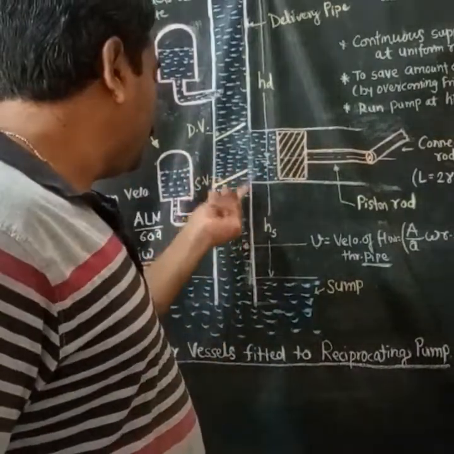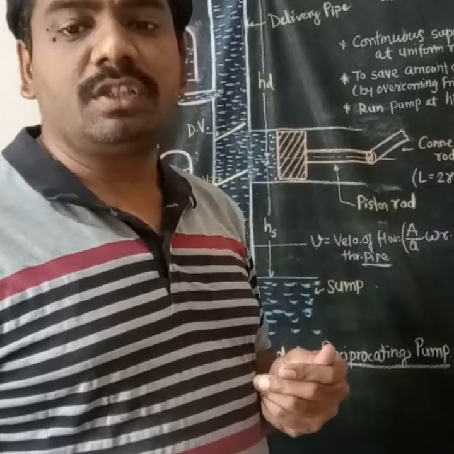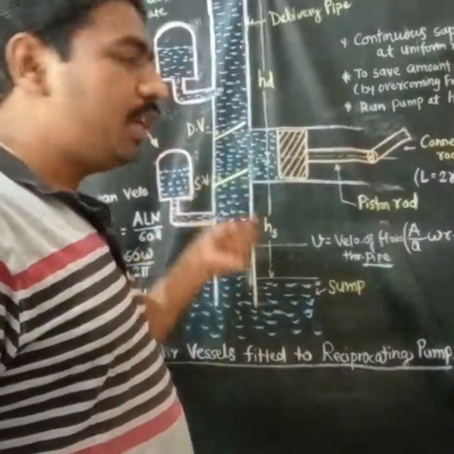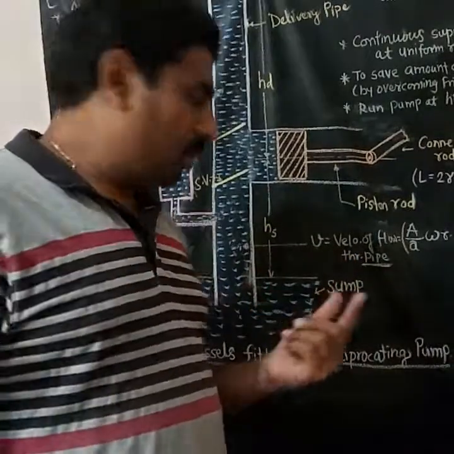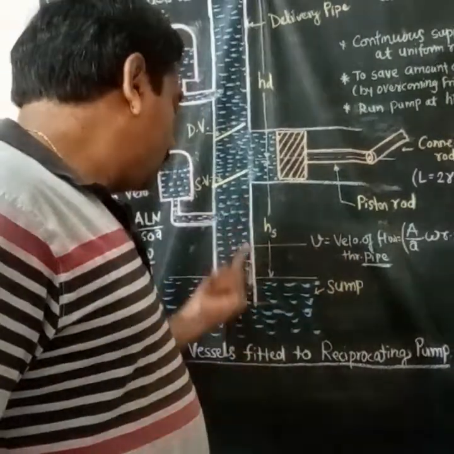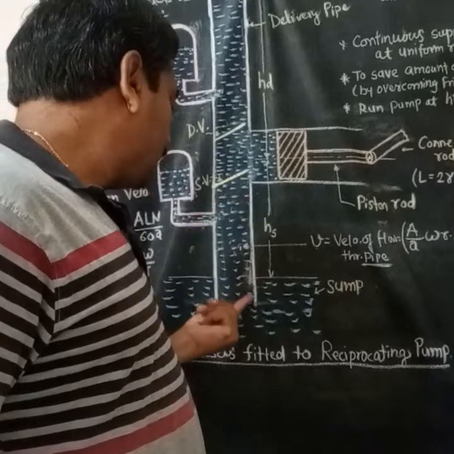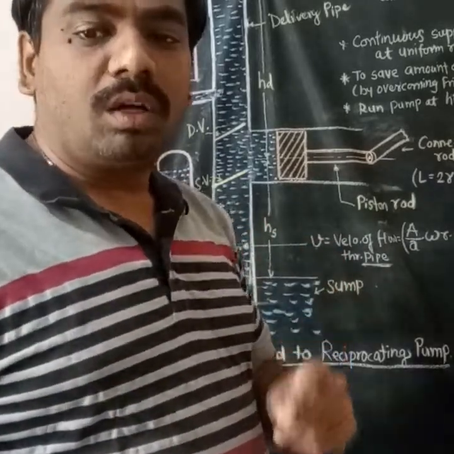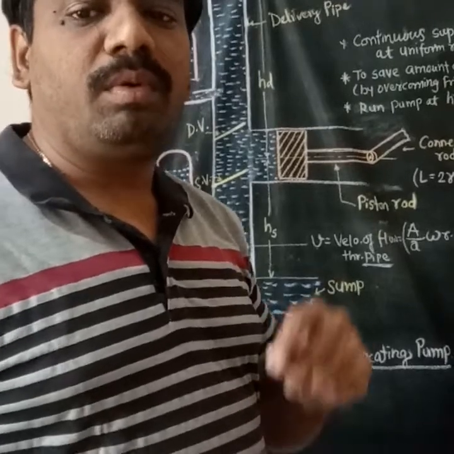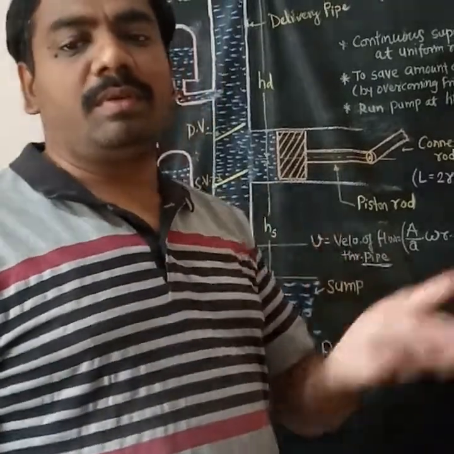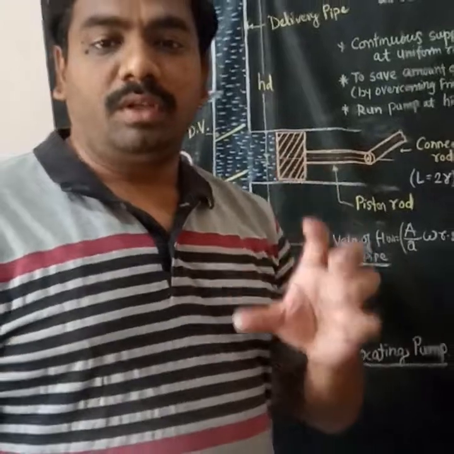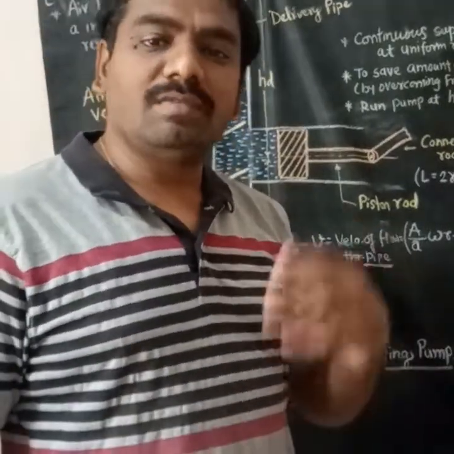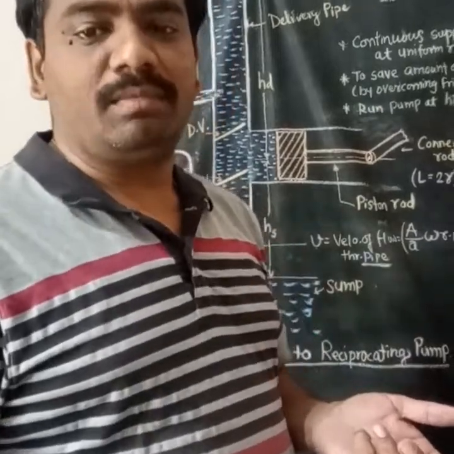So there will be less frictional resistance that has to be tackled by the water flowing in this particular region. That's why the frictional losses from this region are going to be saved, and the work done is saved with the help of the air vessel. We'll see with the help of some equations, in percentage, how much work is saved in the single acting as well as the double acting reciprocating pump.